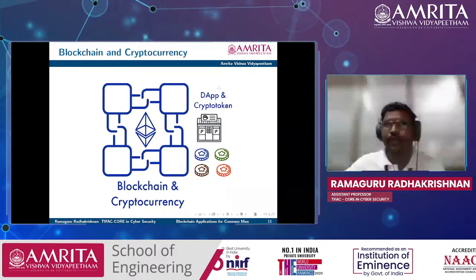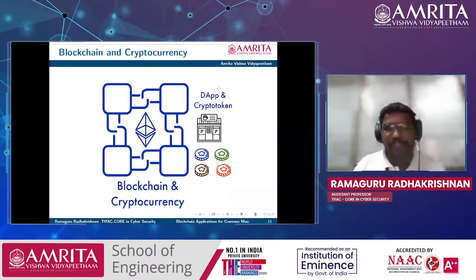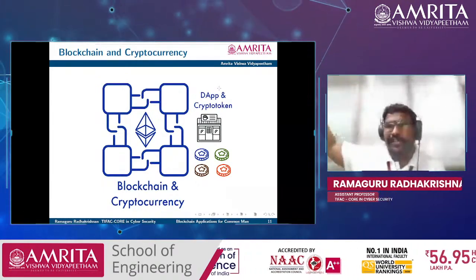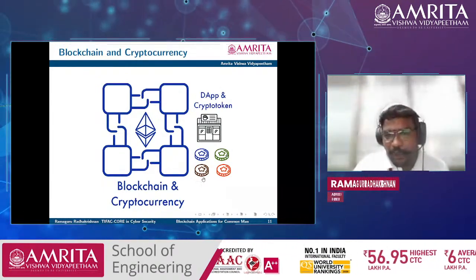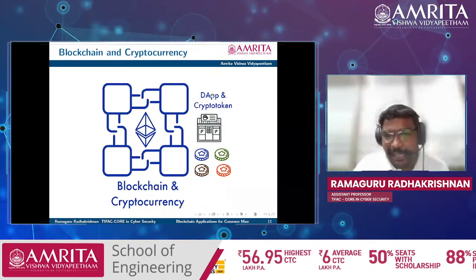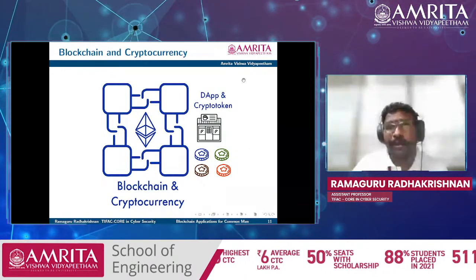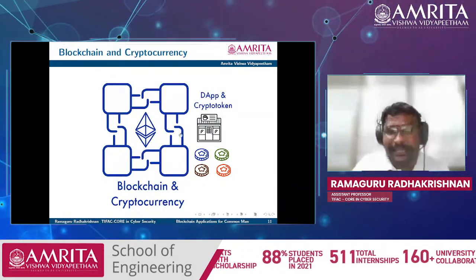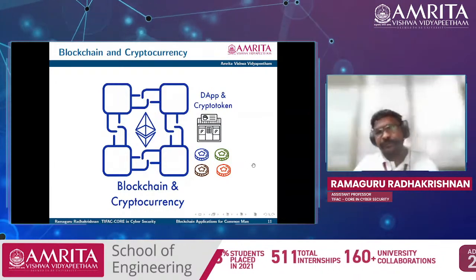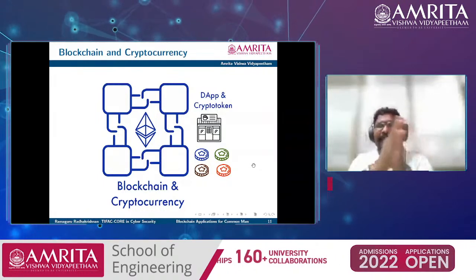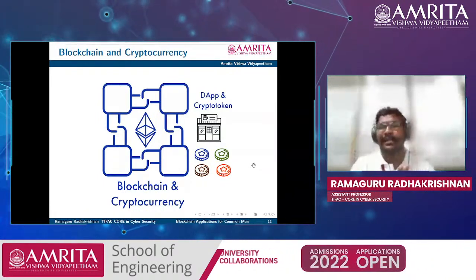Just like the token issued by your college canteen is only valid there, not in another college canteen, the crypto token issued by a particular dApp is valid only within that dApp, and it does not make sense to any other dApp created on the same blockchain. So this is how blockchain, cryptocurrency, and crypto tokens are related.